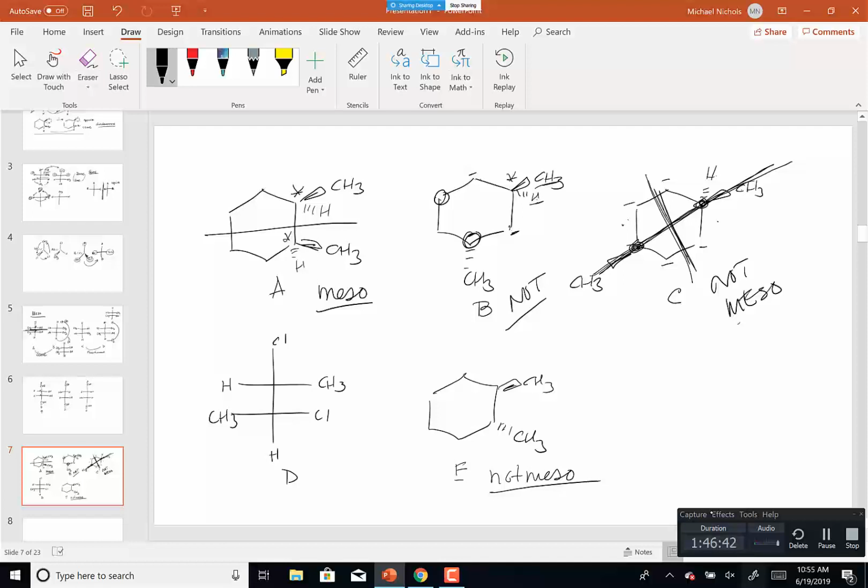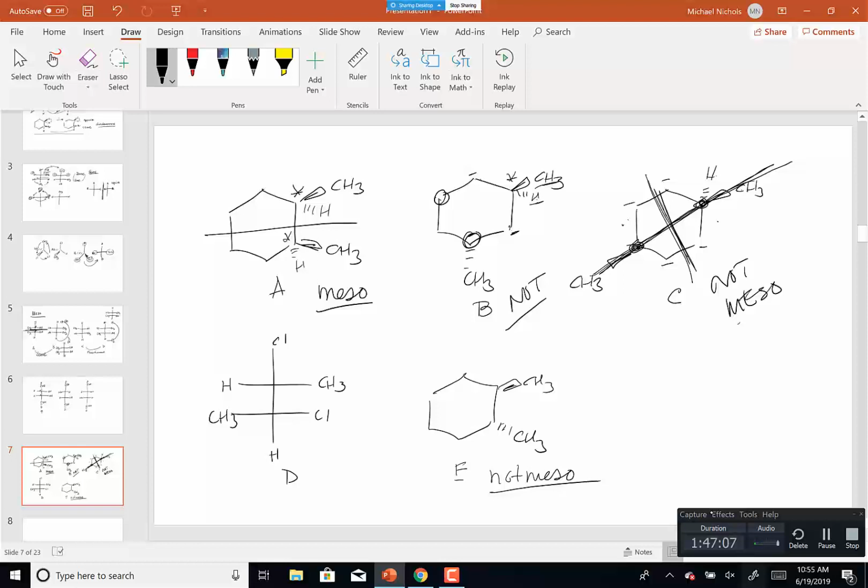D. Had to work our way back to a Fischer projection. Is that Fischer projection meso or not? Well, what should you check first? If that Fischer projection was to be meso, what would have to be true?